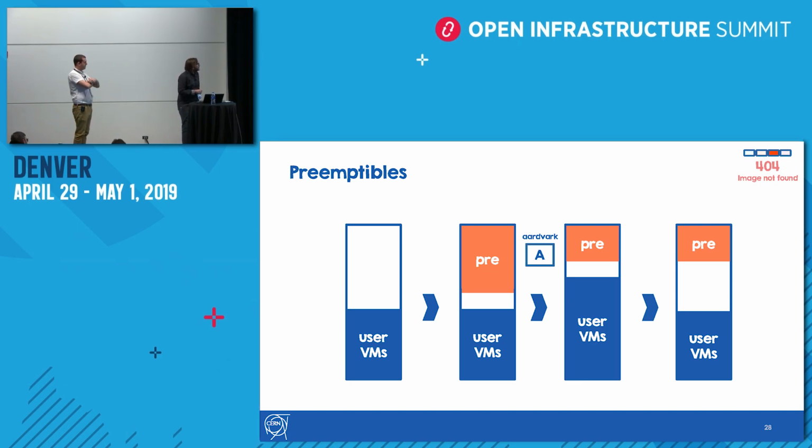So what are preemptibles? Some of you might know what spot instances in AWS or preemptible instances in Google Cloud are. These are resources that have low priority in the cloud, and they are much cheaper, and they can be preempted, meaning deleted at any time if the cloud needs them for higher priority workloads.